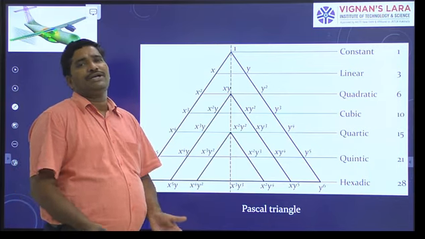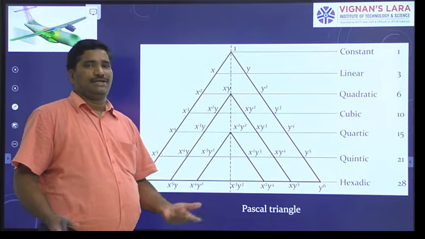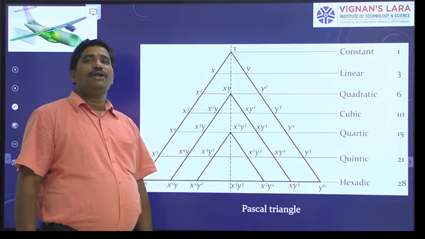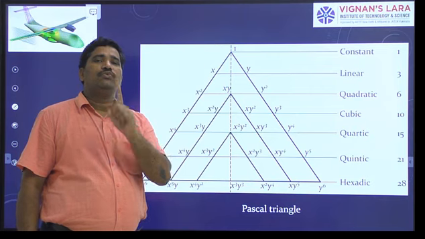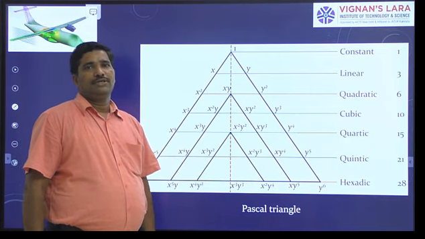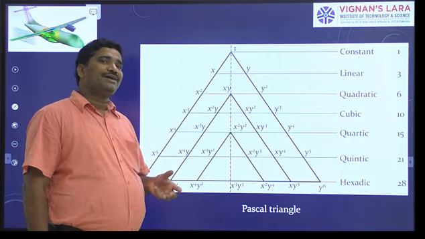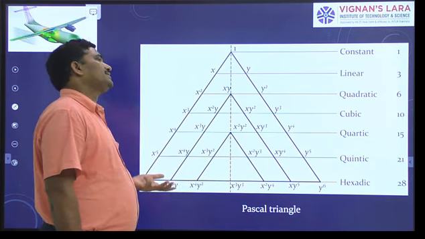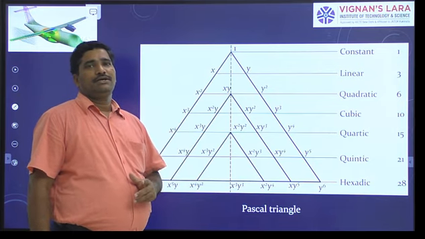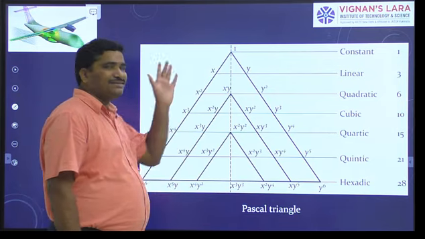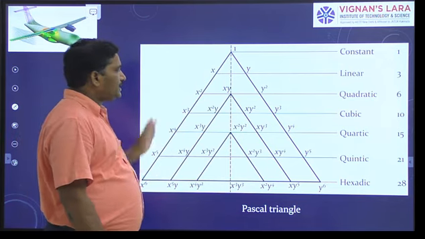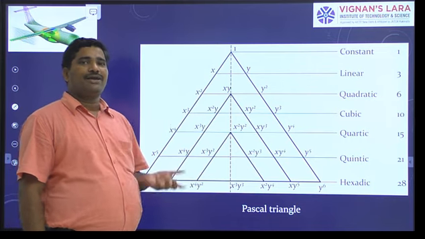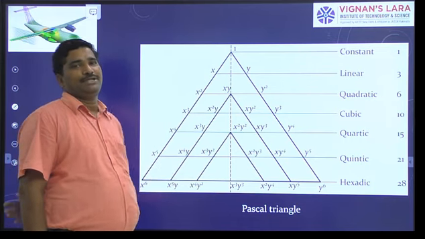Anyhow, one can write 1-dimensional polynomials without any difficulty, because 1-dimensional polynomials contain only one variable x. Writing 2-dimensional polynomials is slightly difficult. Therefore, how do you write the 2-dimensional polynomials? You can write by remembering Pascal's triangle. This is a Pascal's triangle which one can remember for writing 2-dimensional polynomials.